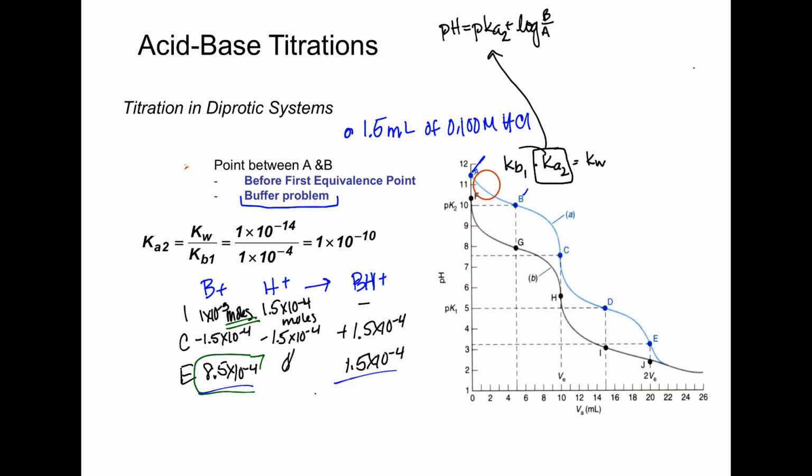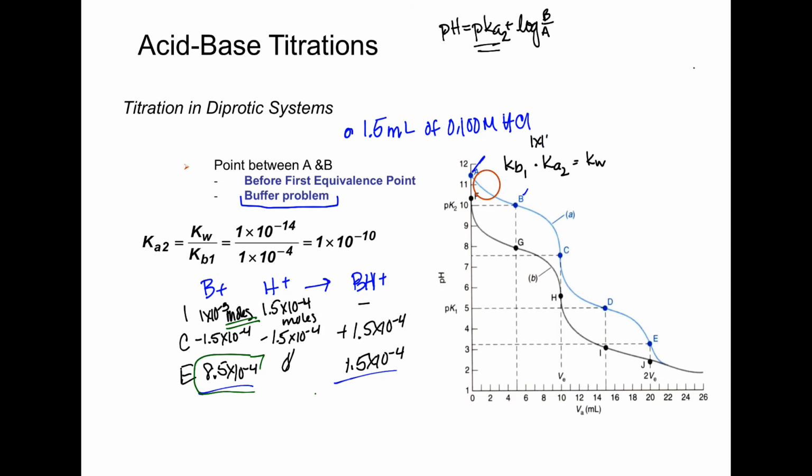That's the one that links up to the base equilibrium that we're in. Okay, so to find Ka2 the way we need to here, we're going to use Kb and Kw to find Ka2, and then we're going to find pKa2 from that.